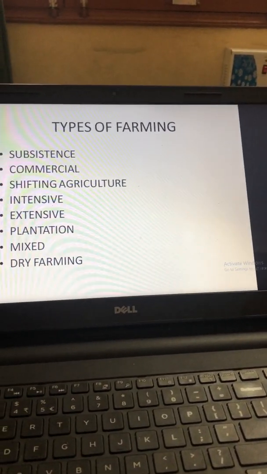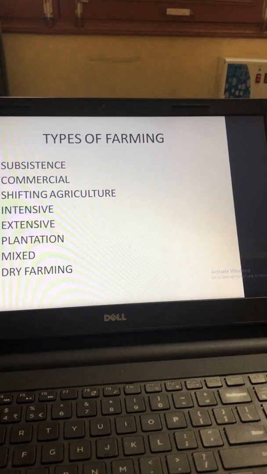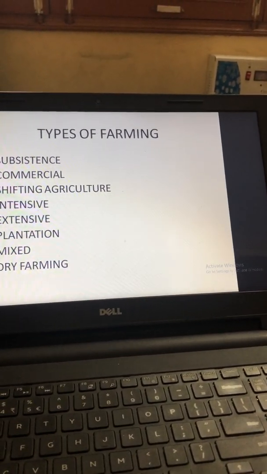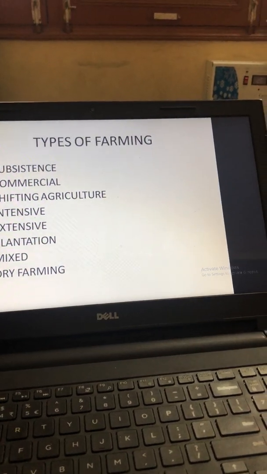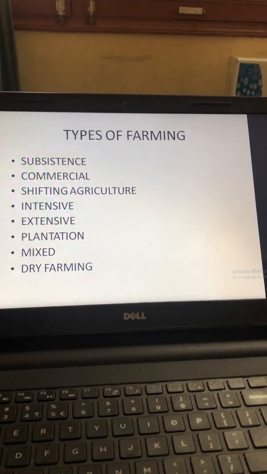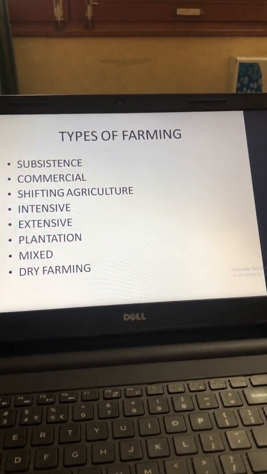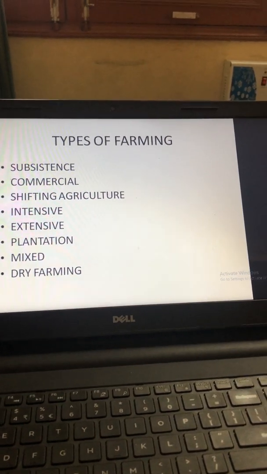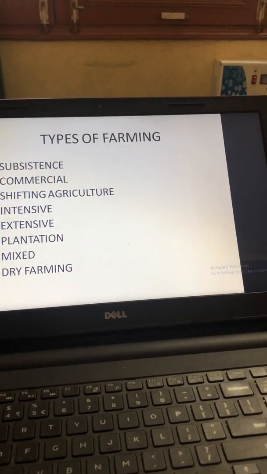And the salient features of this kind of farming is, first of all, the crops are grown mainly for sale. Then the farms are very large, and mechanized farming is practiced. Machines are used. Then the farmers are growing crops which are mainly for the market.